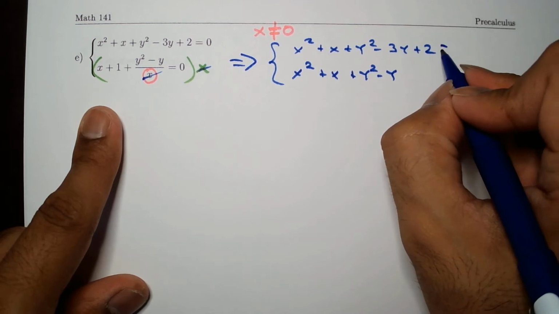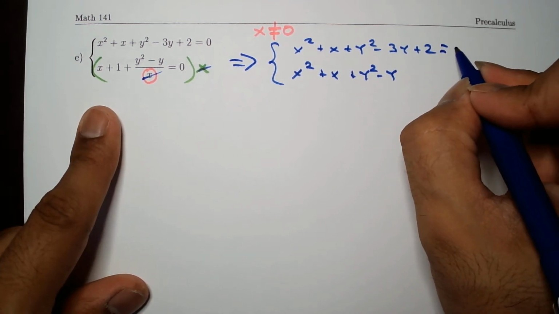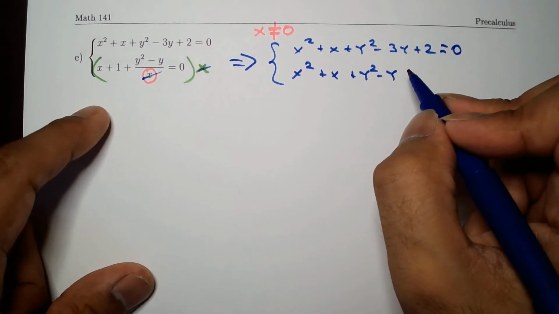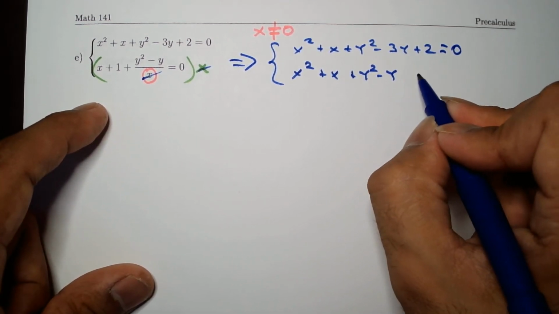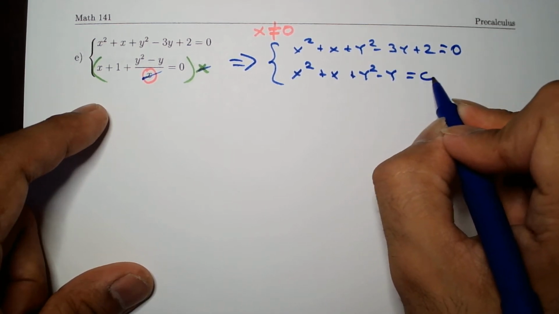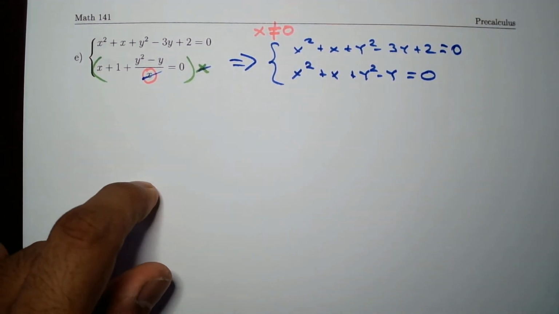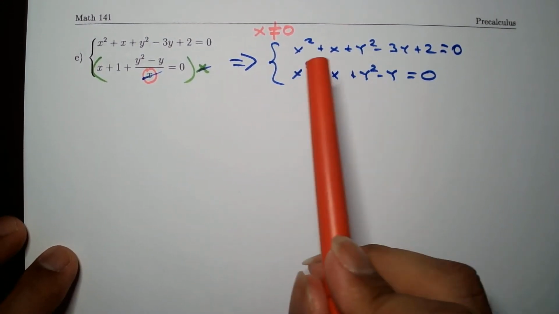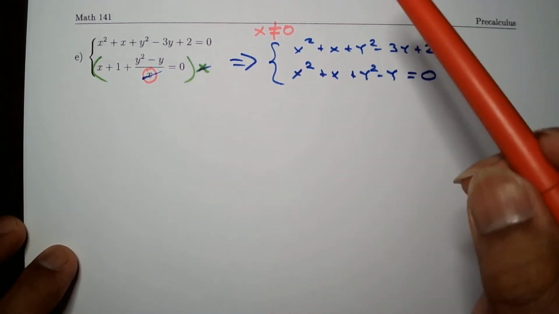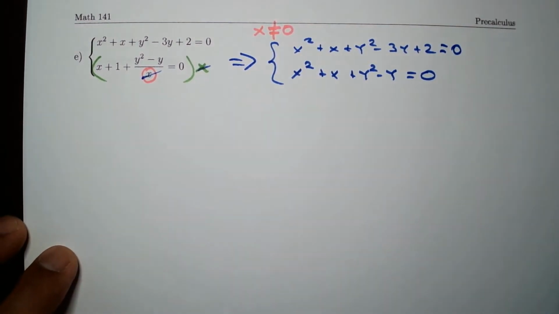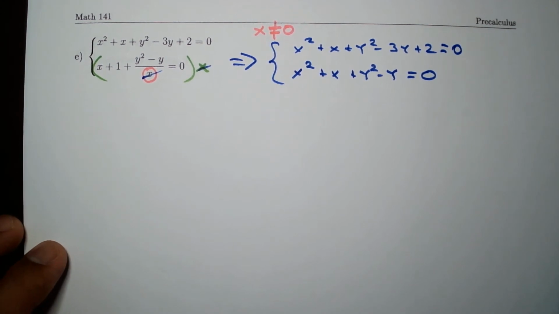So if you're thinking that we may have to complete squares or something, no, that's not what we are going to do. The solution to this system is going to be a lot simpler than it actually looks. And then, in this case, we're going to move on through this by eliminating the square terms, because if you look at the x squares and the y squares, they both have the same coefficient and same sign.